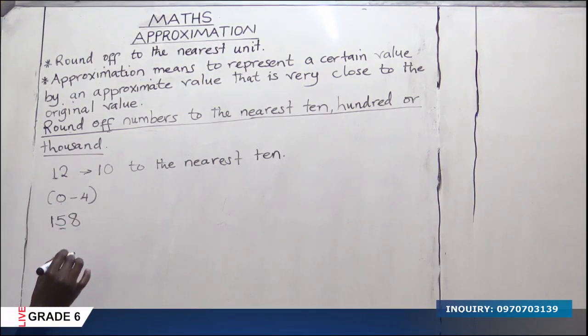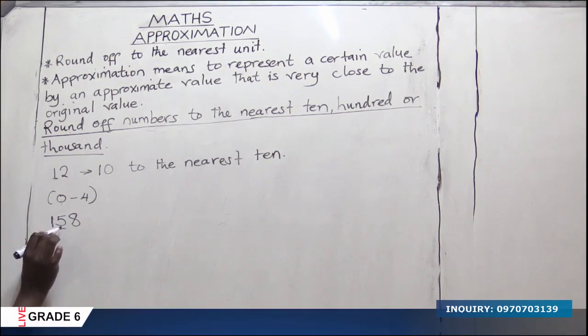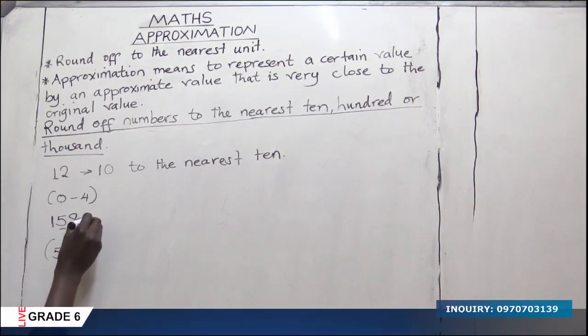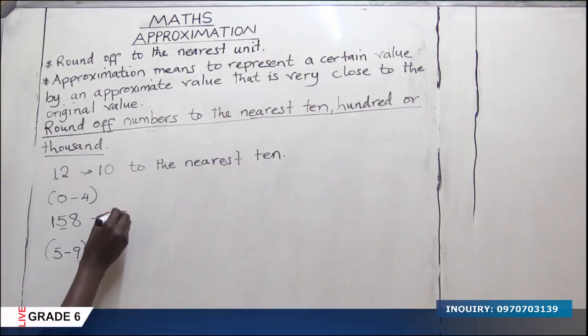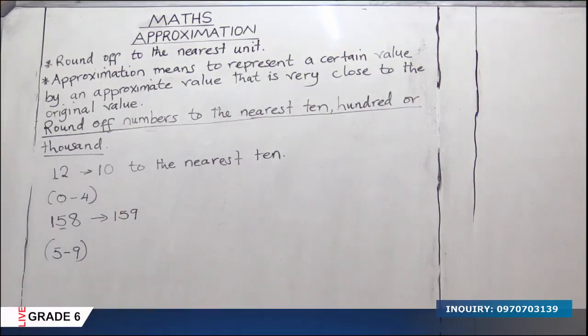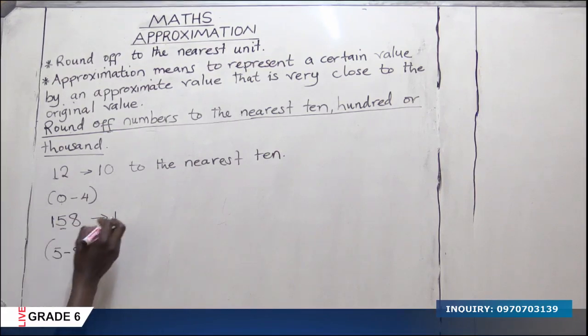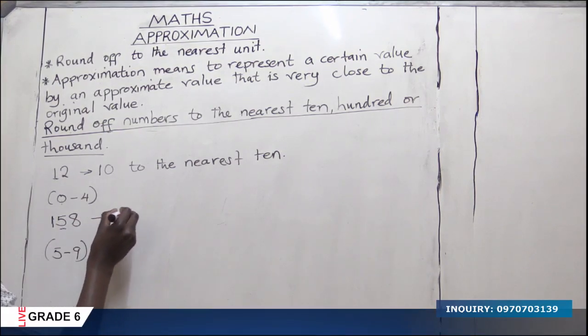If the next number is between 5 and 9, what do you do? You round off, or you round up. So if the number is between 5 and 9, you round up. So our 158 there will be 160.